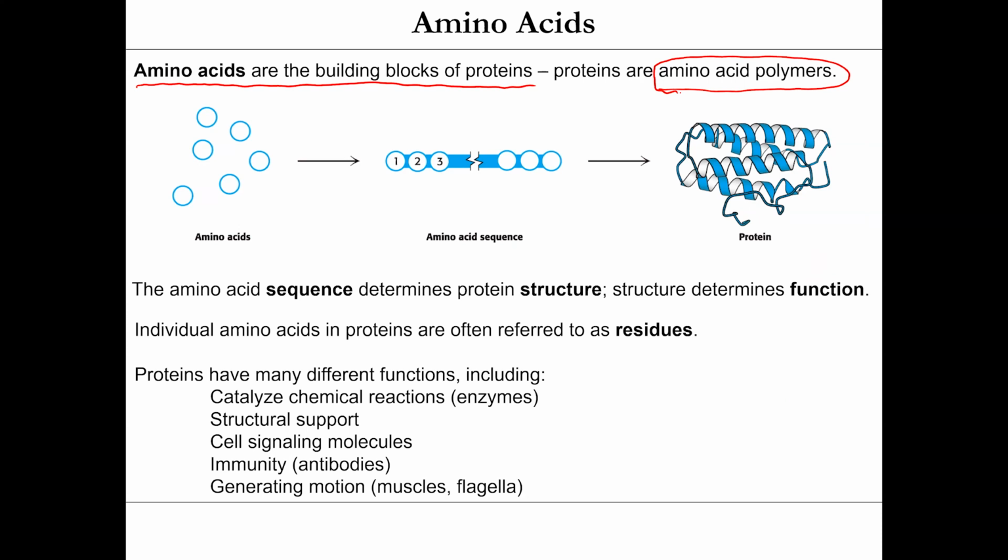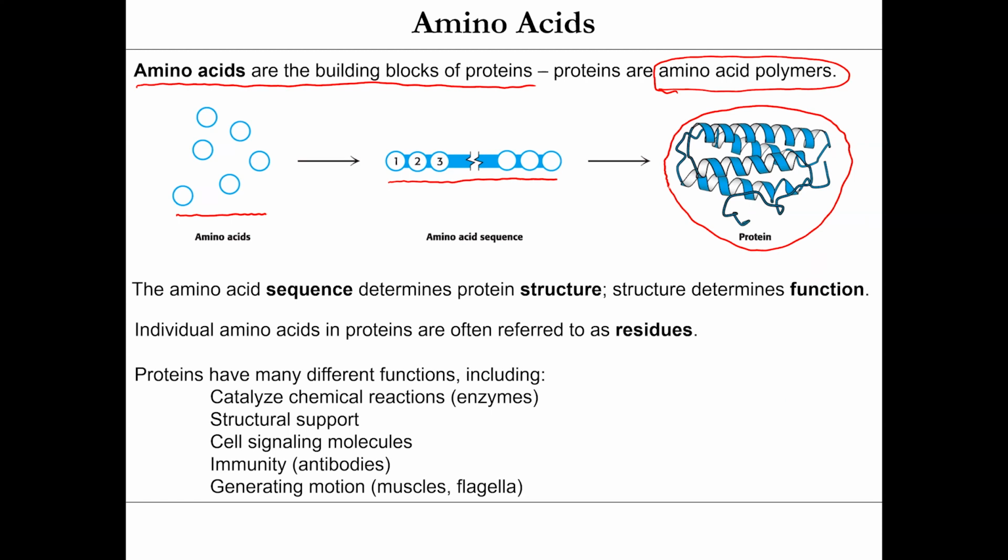You can see on this figure over here on the left, we have individual amino acids. Those individual amino acids are going to be joined together with peptide bonds to form an amino acid sequence, a very specific sequence. And then that sequence is going to dictate how that polypeptide amino acid sequence folds into a three-dimensional protein structure.